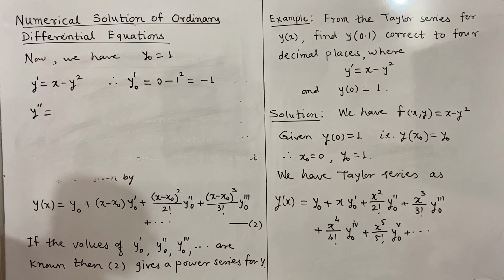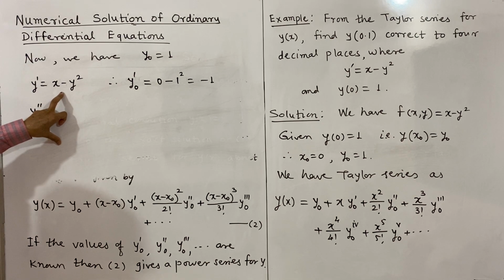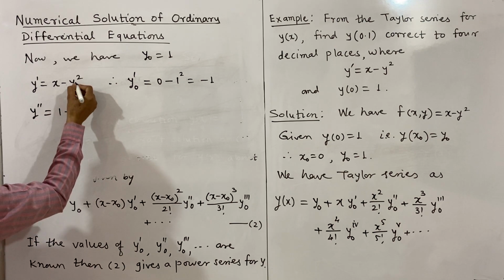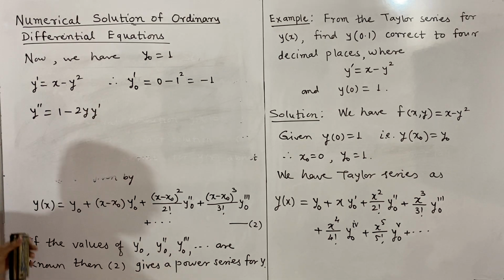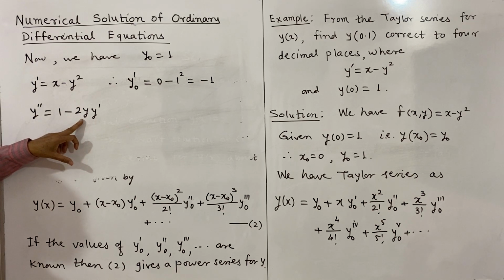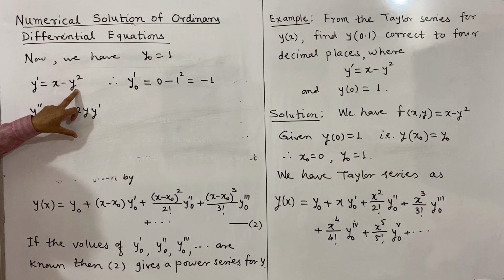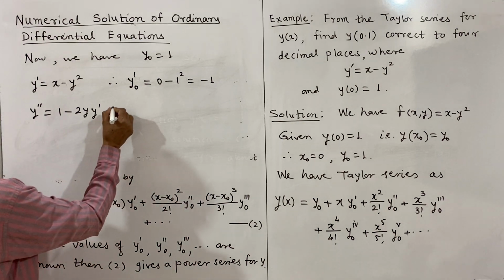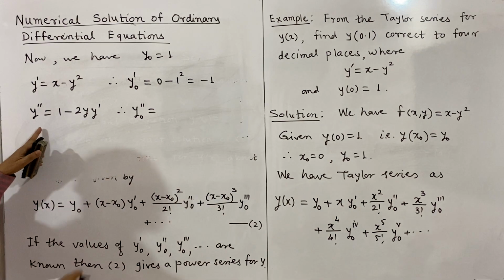From this we have to obtain the derivative using the rules and formulas from differentiation. So the derivative of x is 1 minus the derivative of y square with respect to x, that is 2y into y dash, derivative of y with respect to x. So this is the derivative of y square, you note it, 2y into y dash, because a term in y is first differentiated with respect to y and then multiplied by the derivative of y, and therefore the second order derivative of y at x is equal to x naught.